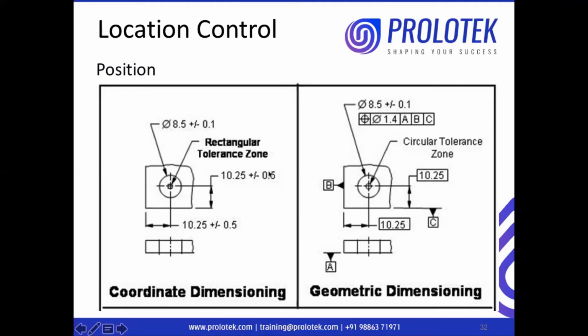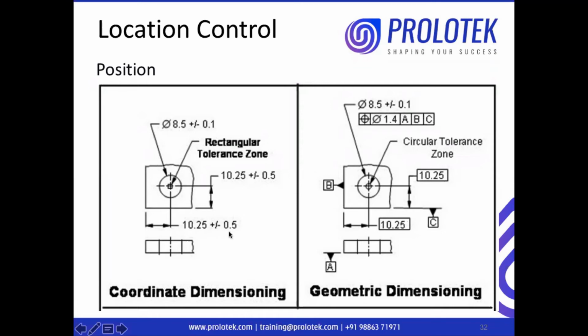Because of this plus or minus tolerance, we ended up with a square tolerance zone. Now, the problem with this square tolerance zone is, from the true center, if I go in x direction or in y direction, I'll get a tolerance value of 0.5. But if I go in a diagonal direction, I will get a tolerance value more than 0.5.